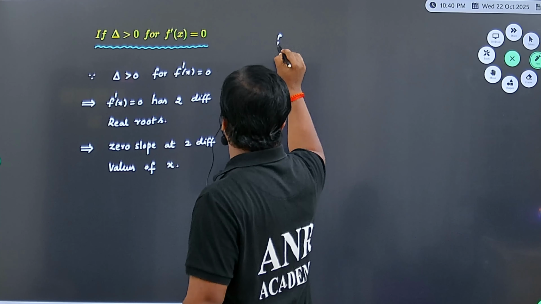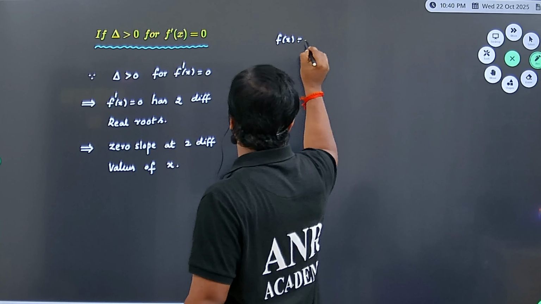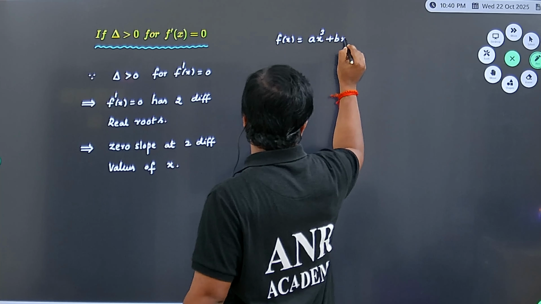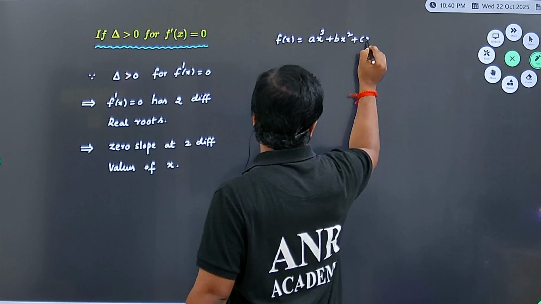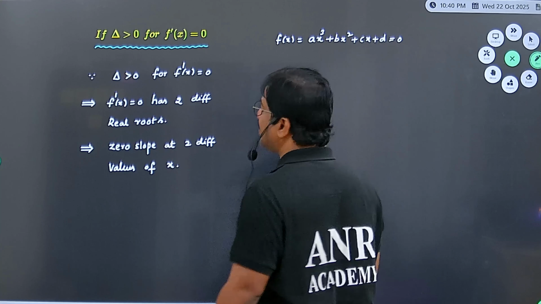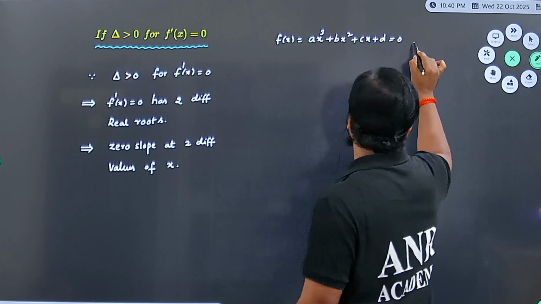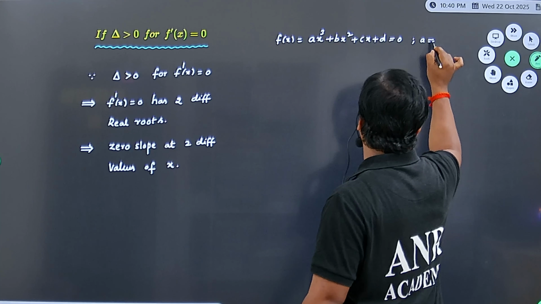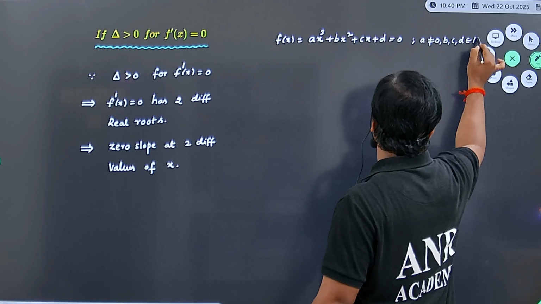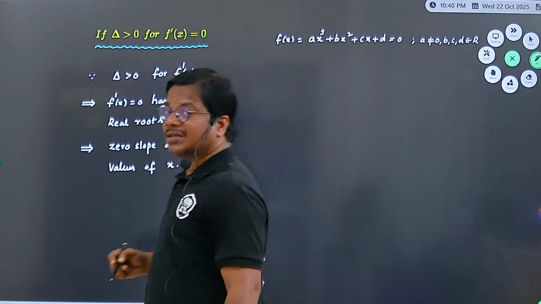You know that f of x is ax cube plus bx square plus cx plus d equal to 0. It is a cubic polynomial. Here the condition a non-zero, b, c, d they are real values. Yes.